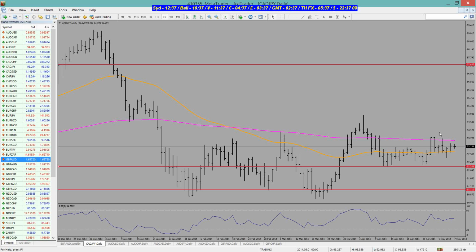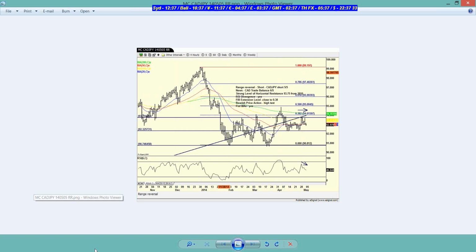Hopefully they'll find a resolution and stop shooting each other, and let this trade go. But that was the only concern, it's flatlined. When I got into the trade, it looked pretty good. It's now gone sideways. The closing price has been within about 10 pips of each other. So it's lucky we're earning interest on the trade.